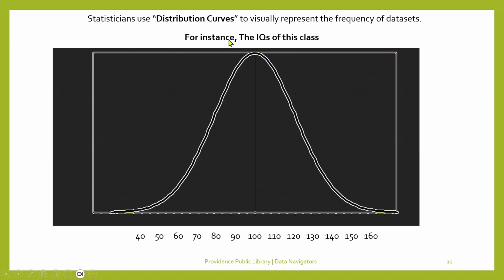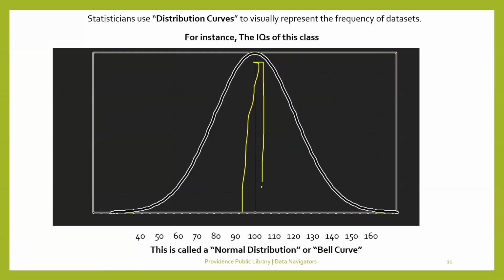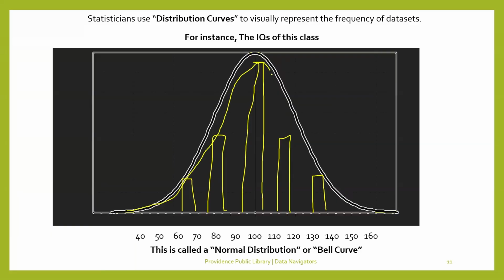Let's say the IQ of this class. Whenever you plot the data like this using the histogram, this is the plotted data. All that we have to do is run a smooth line that touches all the data points.